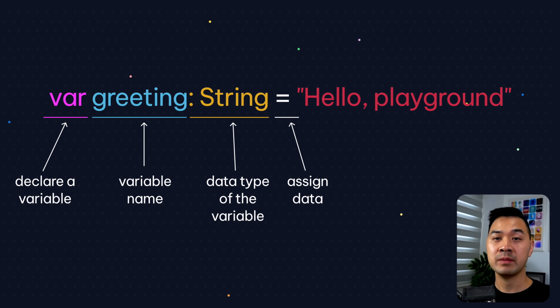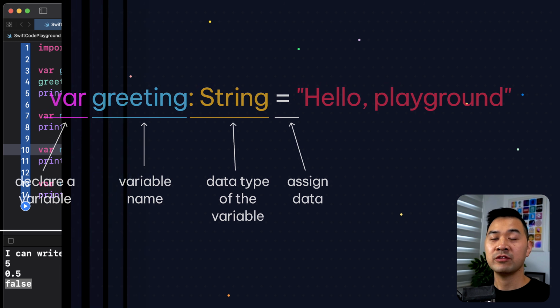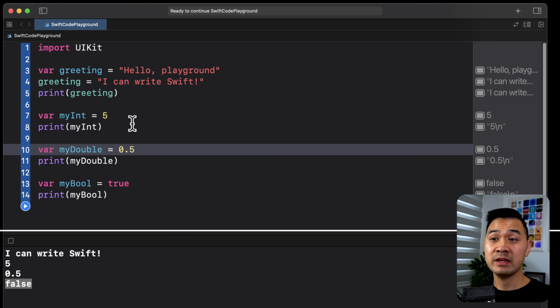After the variable name, you put a colon followed by the data type that this variable will be referencing, whether that's string, int, double, bool, or something else. Now here's the kicker. Variables can only store data of the same type that you declared for that variable. Now you might be thinking, looking at this playground, where have I declared any data types in these variable declarations? None of them have that colon data type.